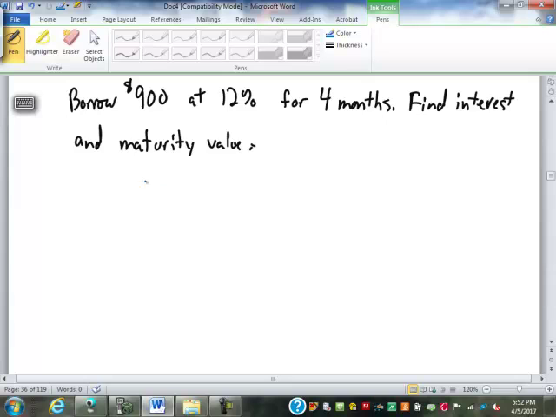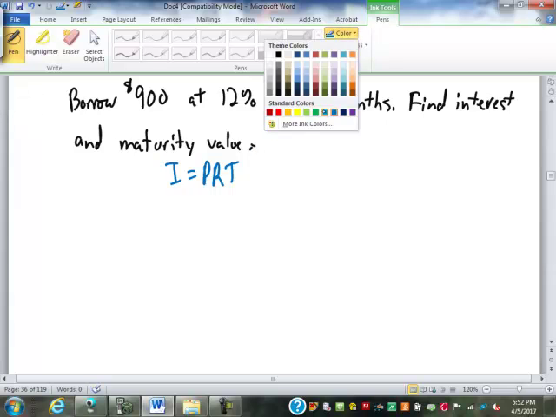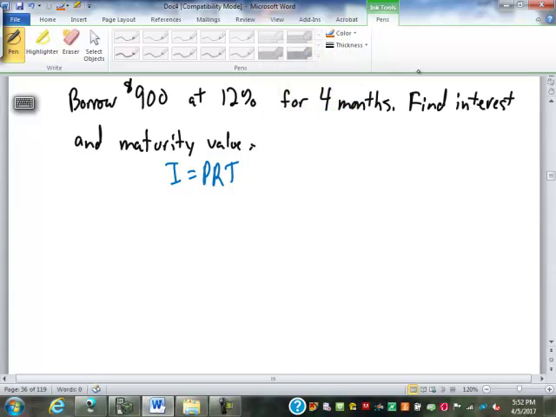So again, we're going to start out with that interest formula, I equals PRT. Do we know I? No, that's what we're looking for. Do we know P? That's the $900.